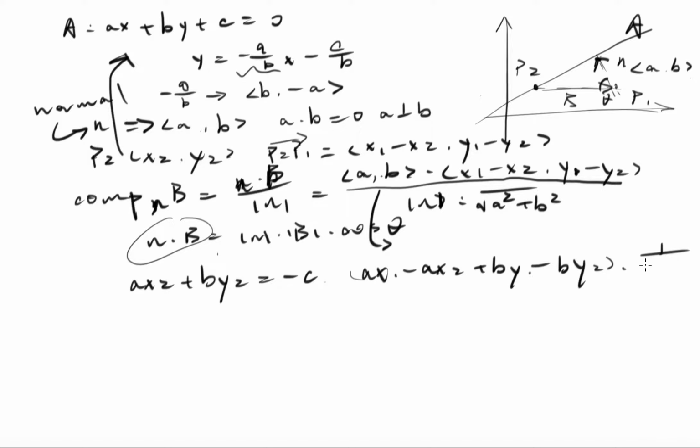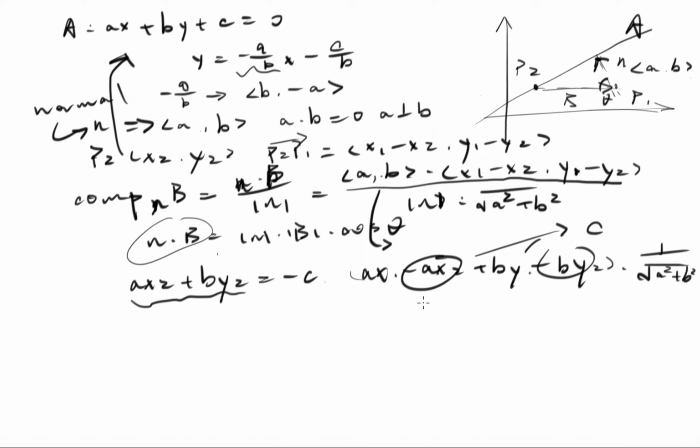over the length of the normal vector. And these two terms here are just the negative sum of the two terms here, which would actually equal c.